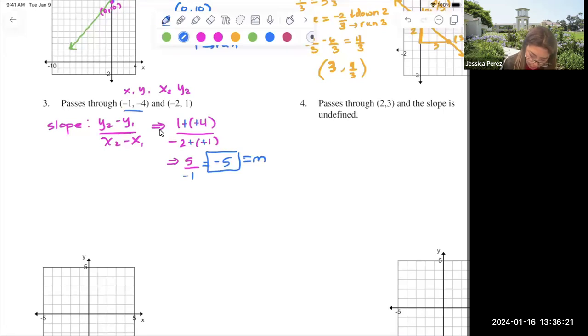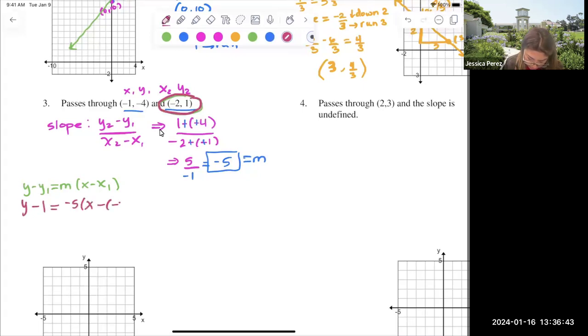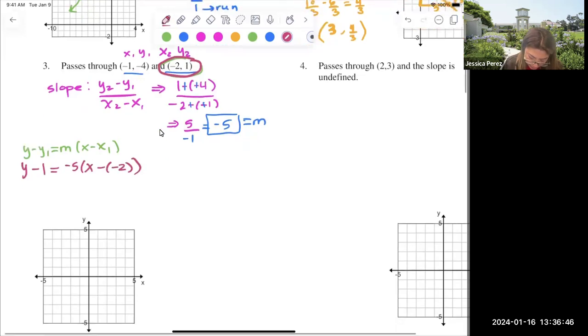And I have a point, and then you want to pick. Well, what point do you want to pick? I want to pick the easy one, which only has one negative. So I'm going to do y minus y1 equal m times x minus x1 now that I found my slope. I'm going to do a substitution, which is y minus the one I chose equal -5 times x minus -2. And then I clean it up.